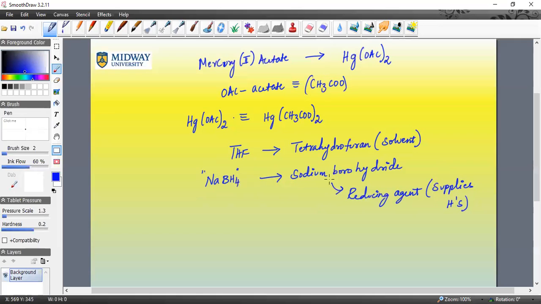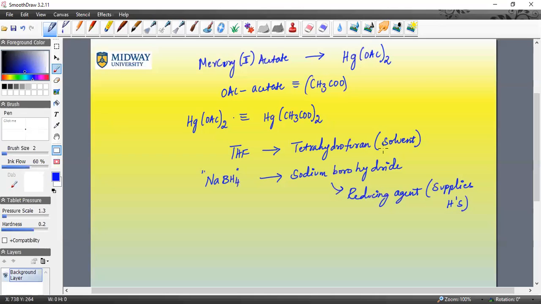Tetrahydrofuran is a solvent because, if you remember, like dissolves like. Most organic compounds are not soluble in water. Only aqueous compounds tend to be soluble in water, that is, compounds that can dissolve in water. That's why we say like dissolves like.